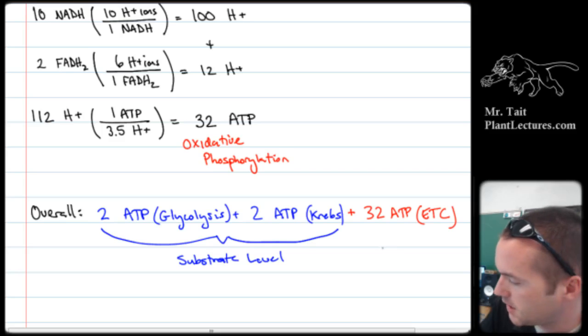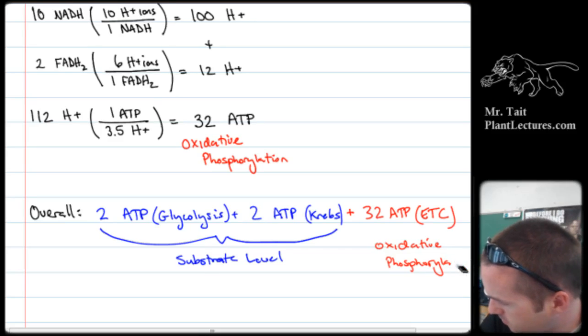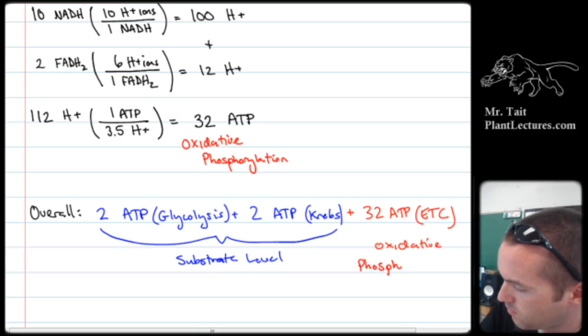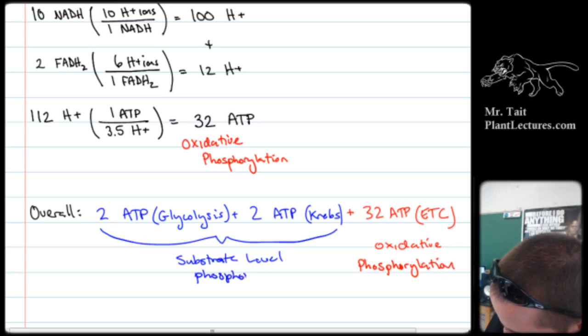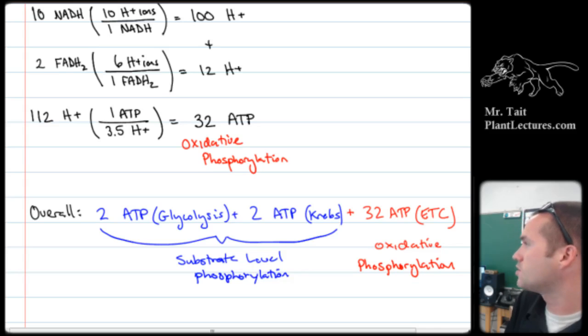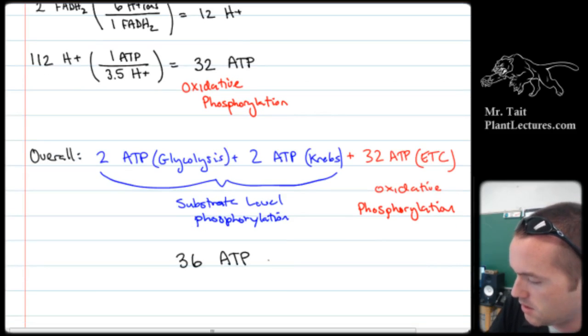The red one, that's oxidative. And so overall, how much do we make? 36 ATP total.